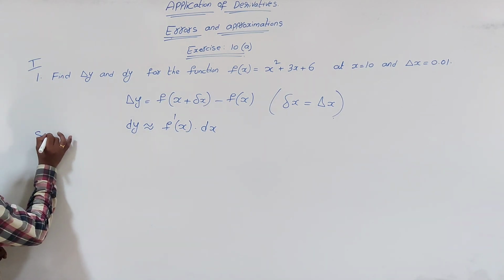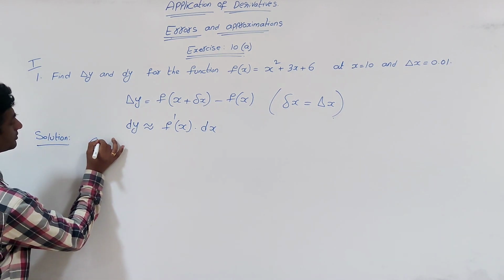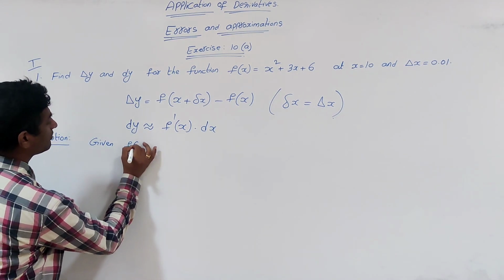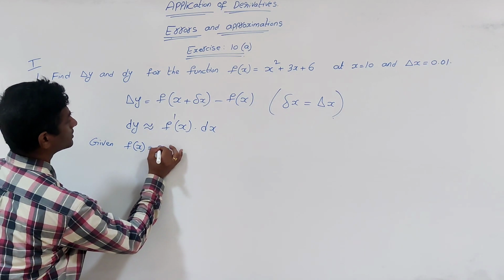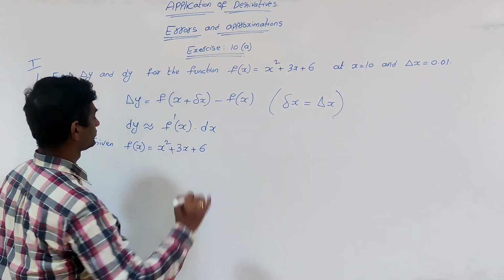So solution: given f of x is equal to x square plus 3x plus 6.